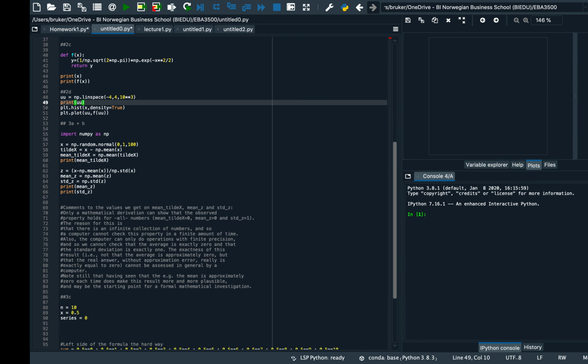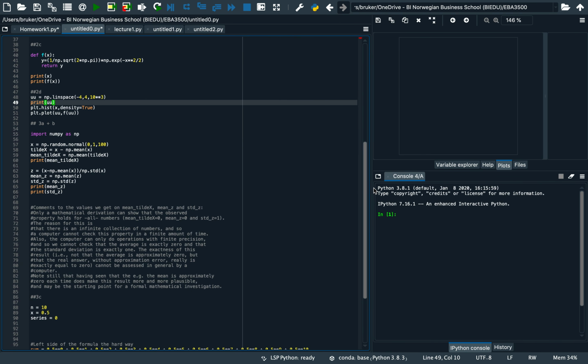And then we are asked in A to simulate 100 standard normal numbers. So let's do that. First I import this NumPy package.